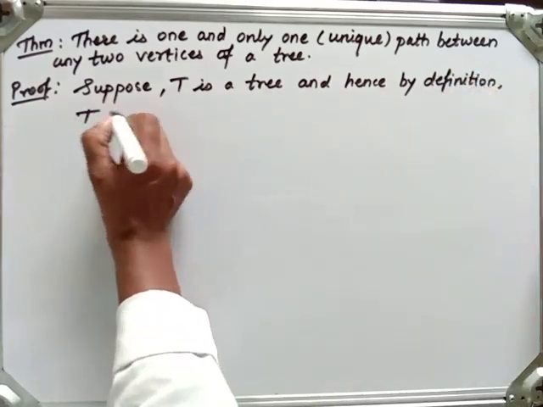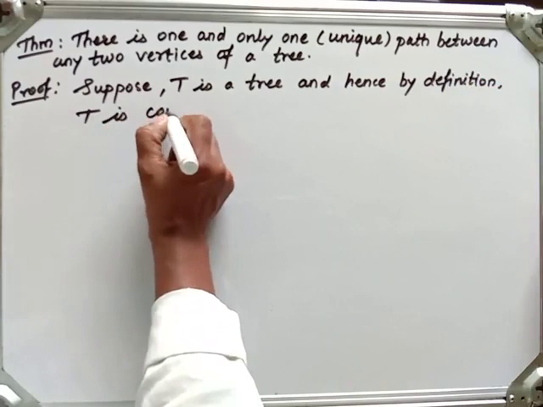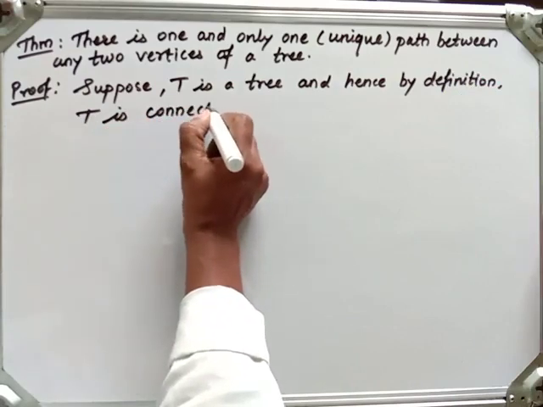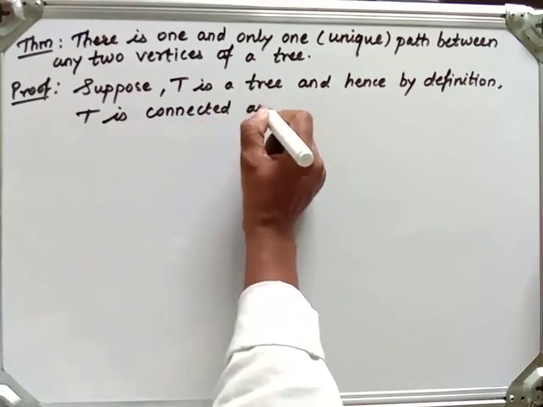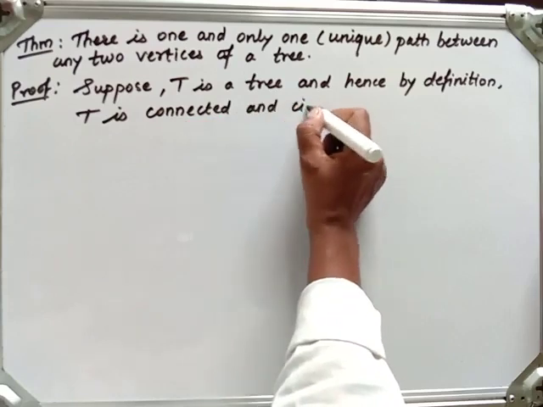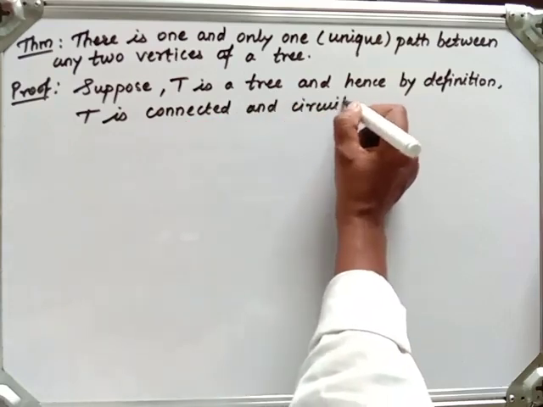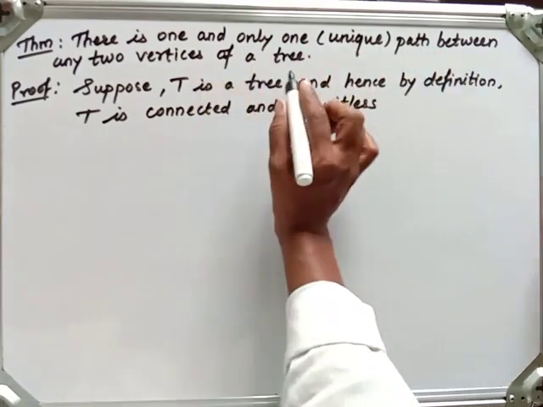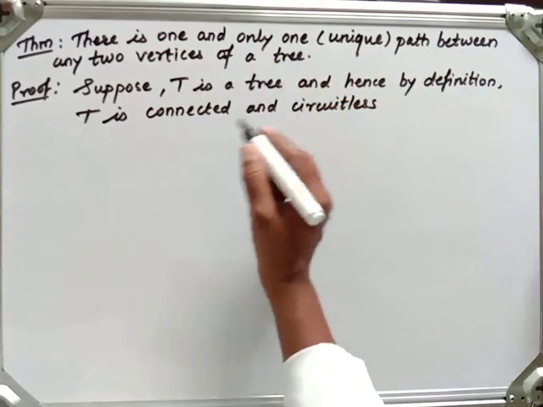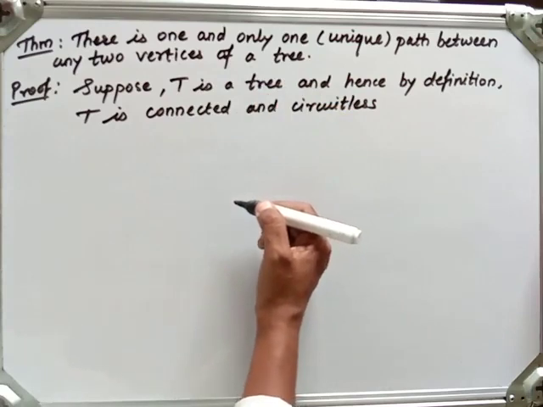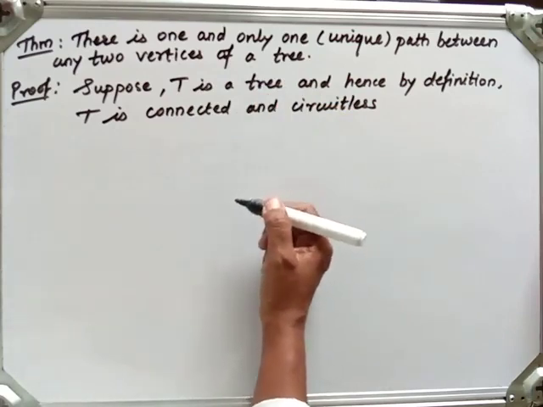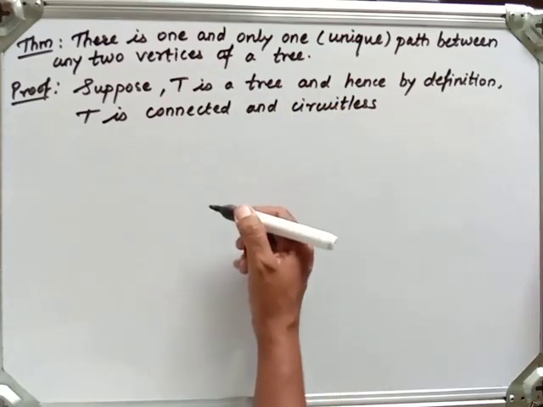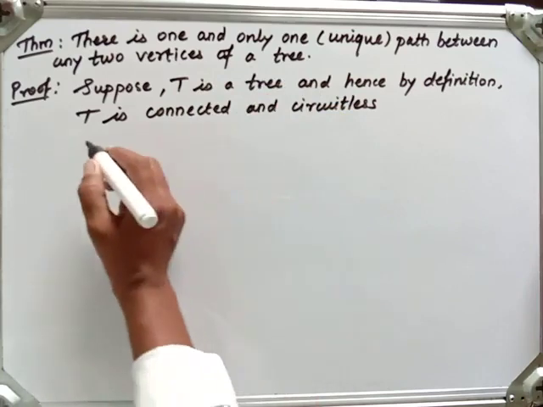T is connected and circuitless. We have to prove there is only one path between any two vertices of a tree. Means there is no possibility of a parallel edge or loop. Such things are not there. Fine.